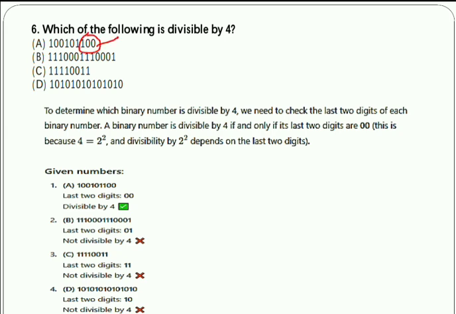So option A is the only one divisible by 4, and the remaining 3 won't be divisible by 4. Or else we can convert the given binary number into a decimal number and then perform the division by 4. So this is a simple task, right? Finding out the ending 3 digits as 100. So option A is the correct answer.